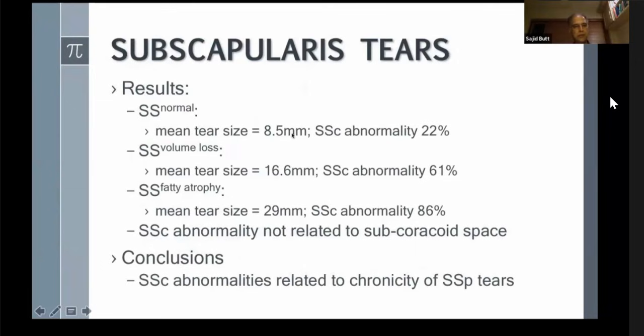If the tear size was small, and if the supraspinatus becomes a larger size tear with atrophy, subscapularis tears increase, and the trend continues with the same criteria.